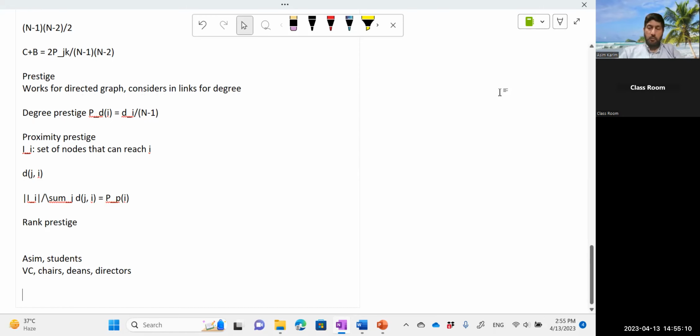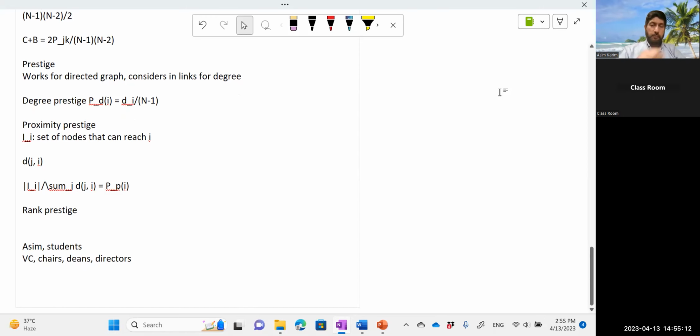Okay? So how do you define this? So let's say... okay. So usually these links we will consider them to be direct links. Direct link means you are linking in one hop. Okay.